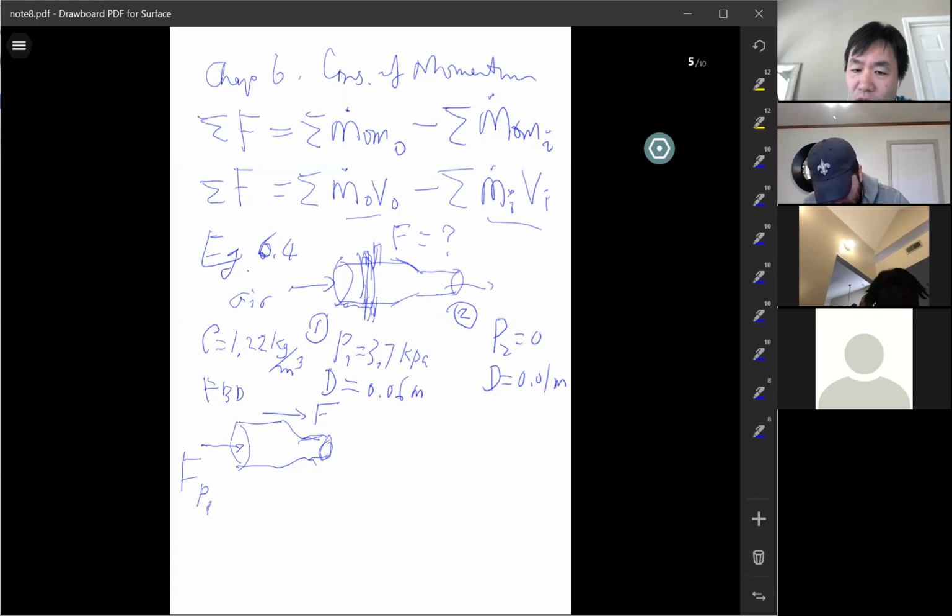So for momentum, you also need to draw another diagram called the momentum diagram. Free body diagram and momentum diagram. They are separate and independent. Like I said, you draw all the forces in the free body diagram, then draw all the velocities, momentums in the momentum diagram.